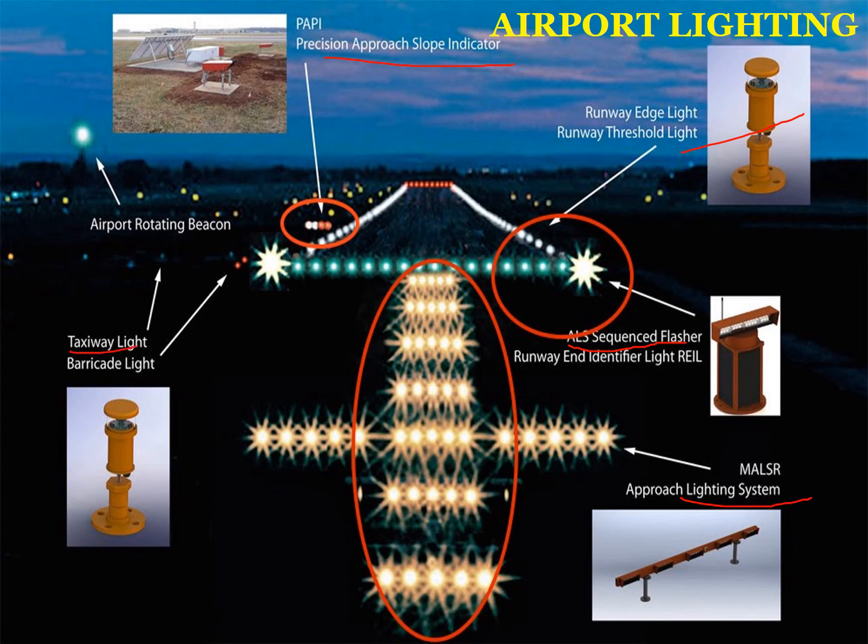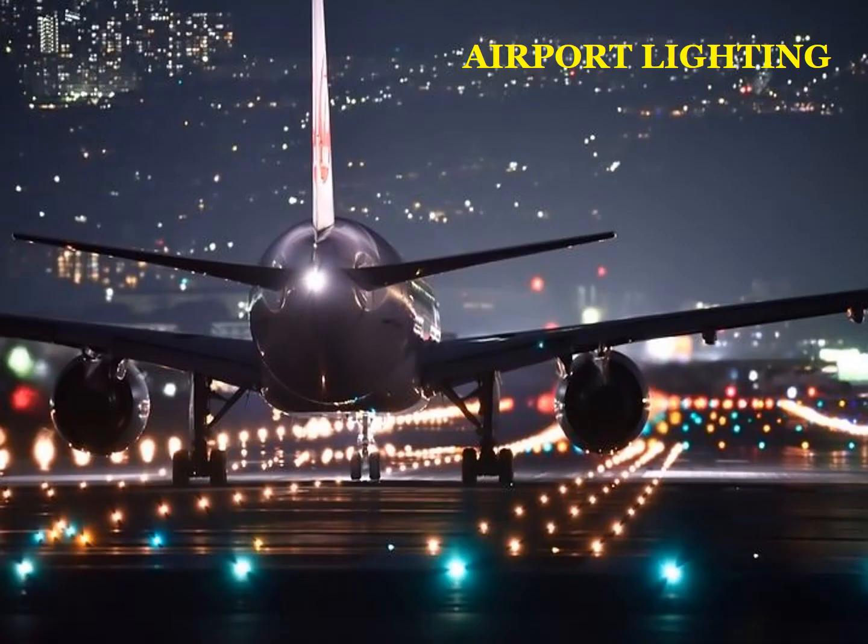Lastly, you have the taxiway light and the barricade lighting. And this is the airport rotating beacon indicating an airport in the nearby vicinity for an aircraft to land or take off. This is how the original figure looks like at night. See the aircraft and the lightings on the runway.